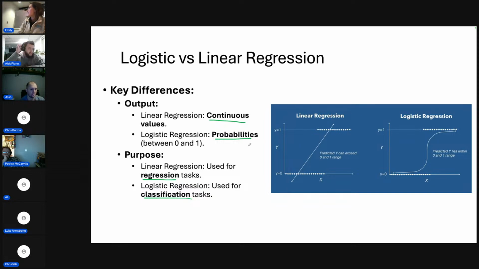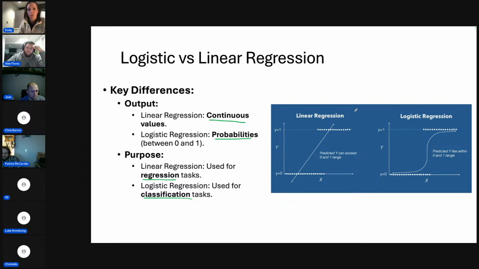So if we look at linear regression here, for example, if we have our problem that we were talking about, either this is spam or this isn't spam, or this student, did they pass the exam or did they not pass the exam? The downside with trying to apply linear regression to that type of formula, let's try to fit a best fit line to this type of data, is that we can exceed that.